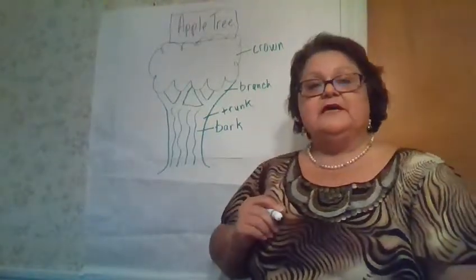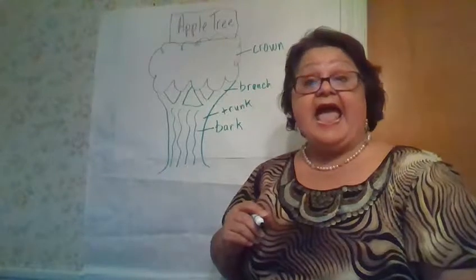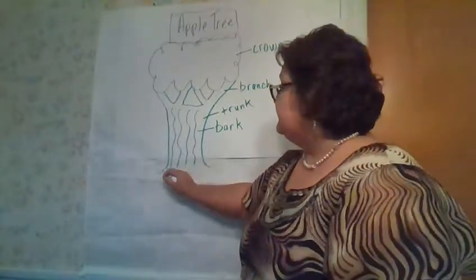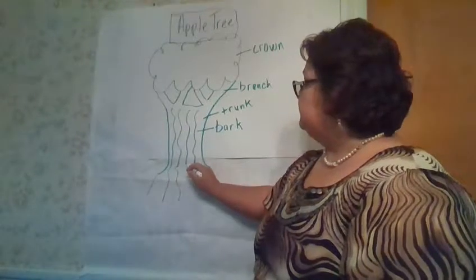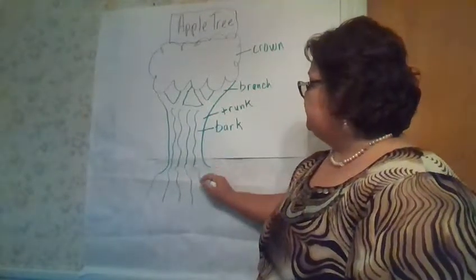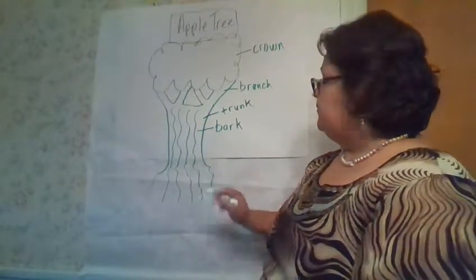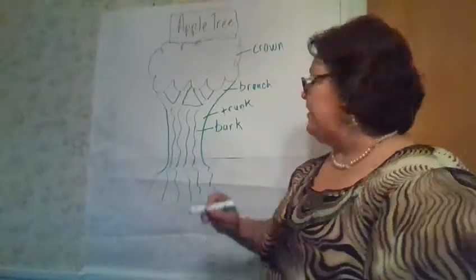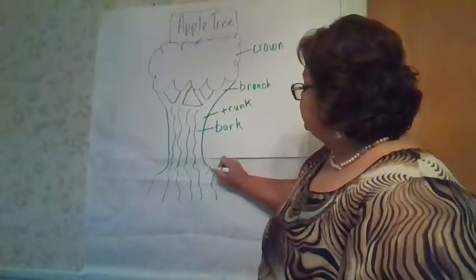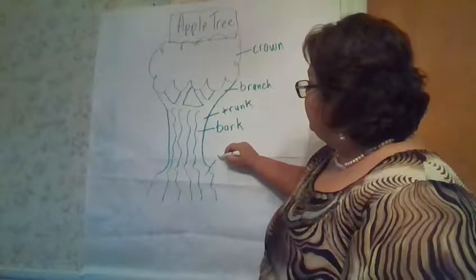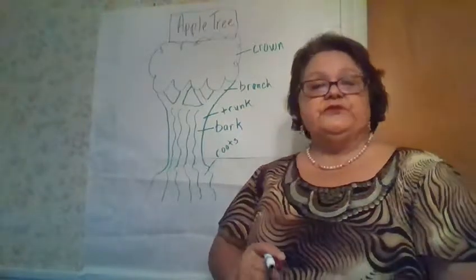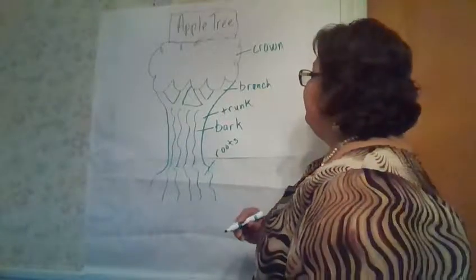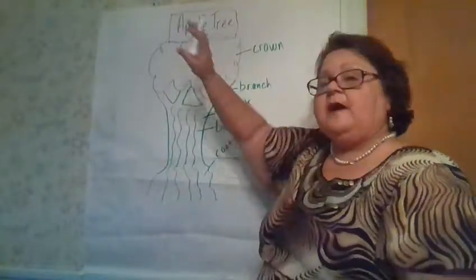There's the bark. Another thing the trunk has is it has an attachment to all the roots that go into the soil to pick up nutrients from the soil. Let's label those. This is called roots. Roots. Very good.